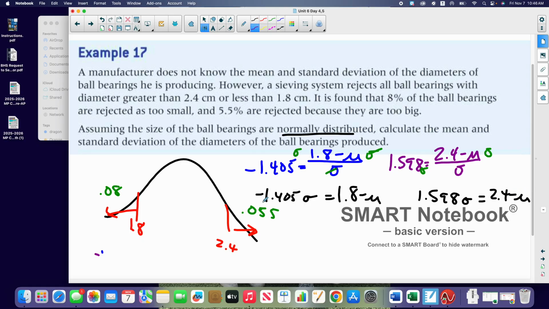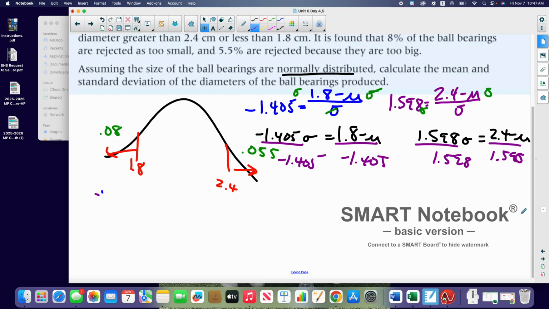And I would divide by this number out front. I'm doing that because it allowed me to get a variable by itself. Okay, so I have a variable by itself. So I got standard deviation equals all that over there.